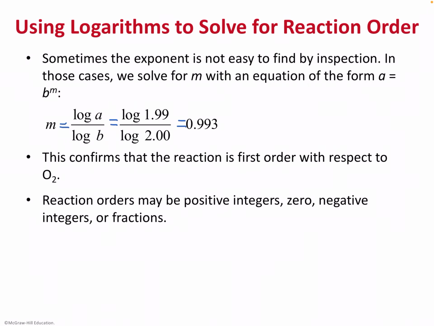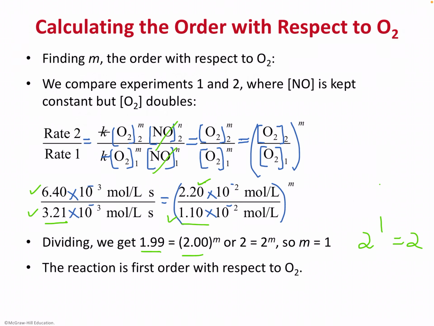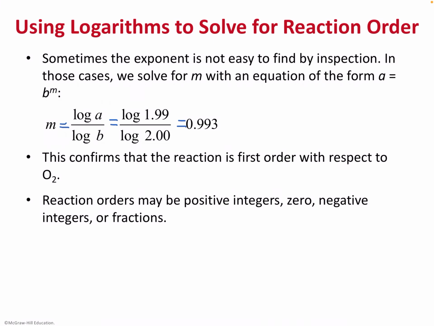Now before that, I want to tell you something else. In these cases, it was obvious that the m value or the n was 1 in the previous calculations we did. But sometimes it might not be that obvious. To find the order then, you can use the logarithm. The exponent is not easy to find by inspection.